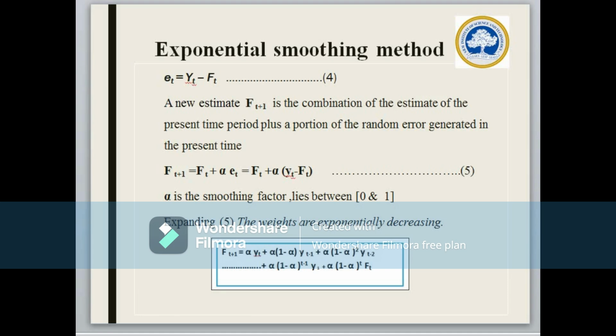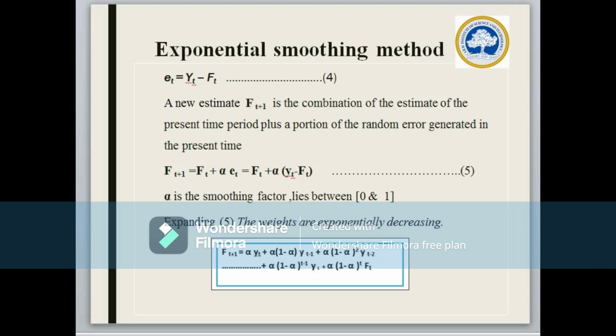So new estimate f of t plus 1 equal to f of t plus alpha into Et, that is the error term. Expanding this with the smoothing factor, the equation is given in the rectangle box: f of t plus alpha into y of t minus f of t.